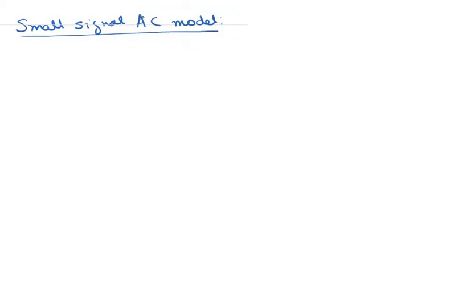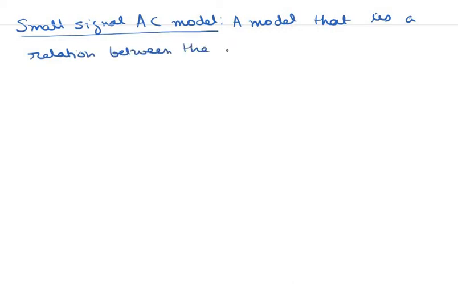An AC model is a model that gives us a relation between the AC components of the voltage and current.